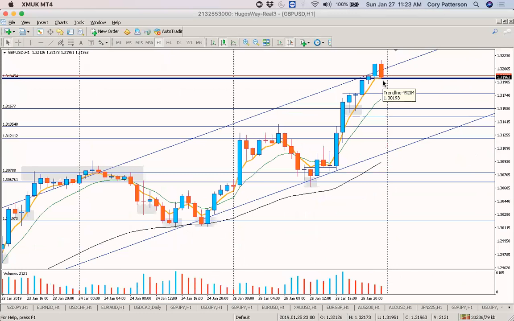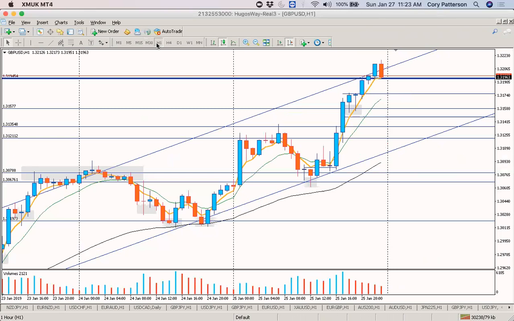So this blue line is a support and resistance level from the weekly chart. As you can see right now, it pushed up and it's reacting to this level, because it's very hard for price to break through a level from a higher time frame.